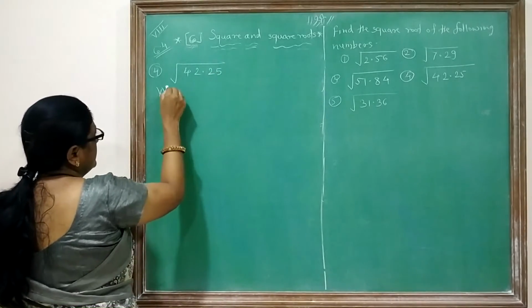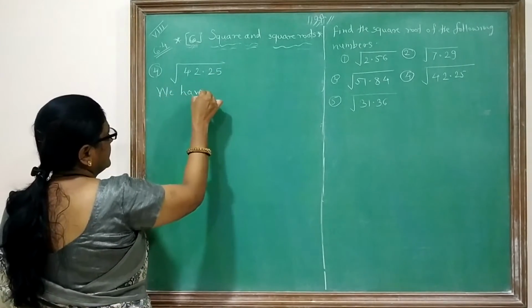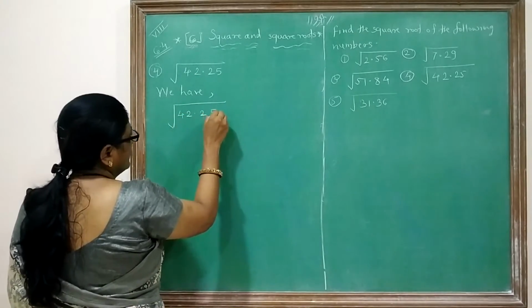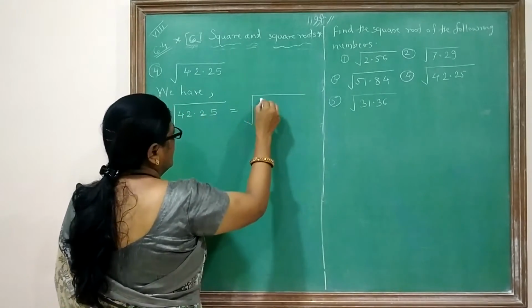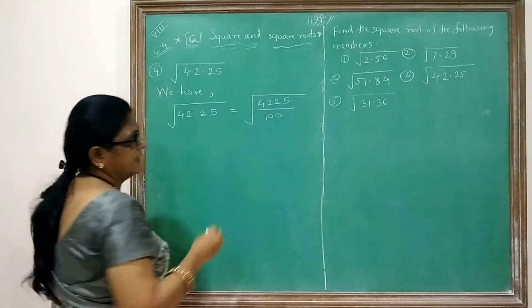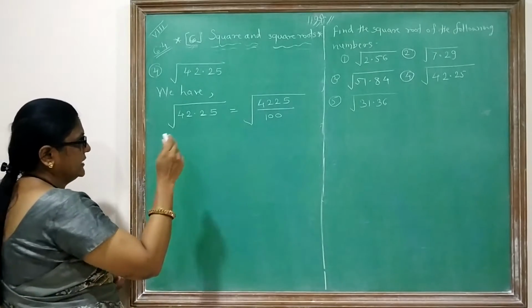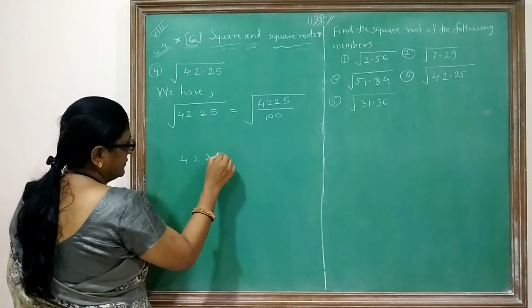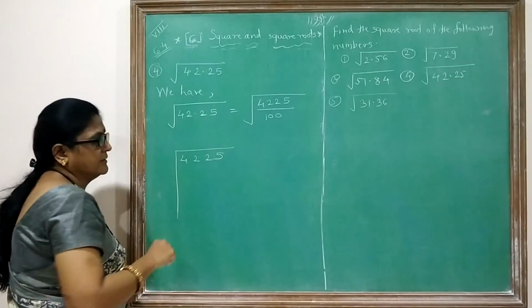Then we have square root of 42.25 divided by 100. Then first we find the square root, that is 4225, by the division method.